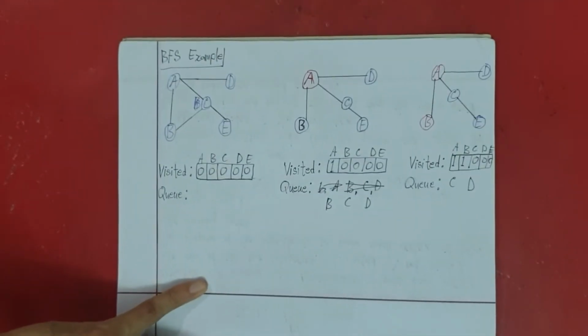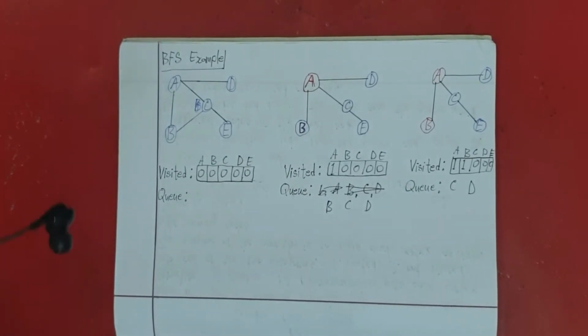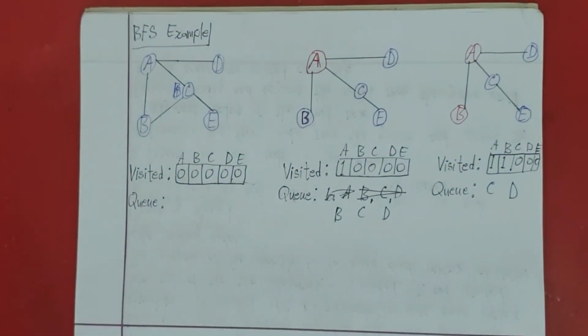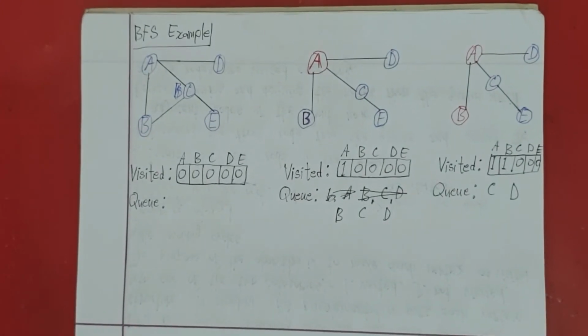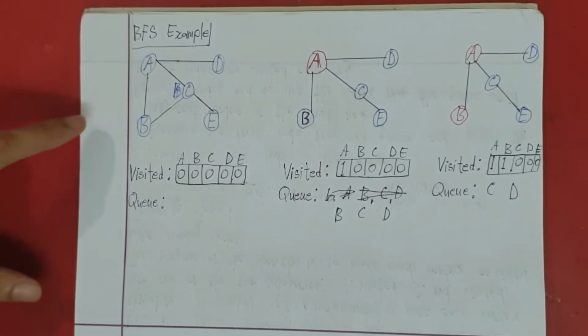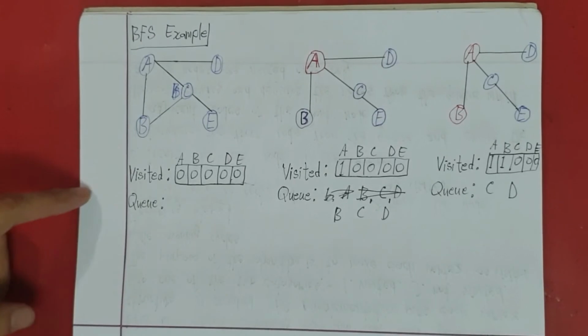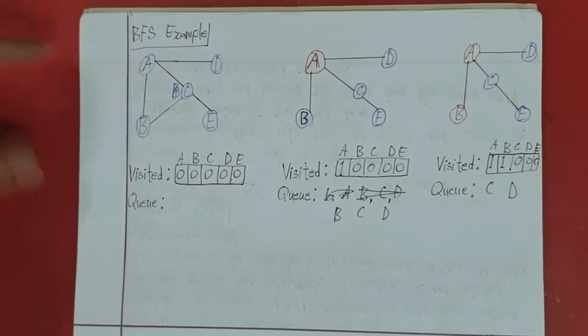Here we have an example of the breadth first search. We have a graph of 5 vertices, and in the first step we haven't visited any vertex yet.